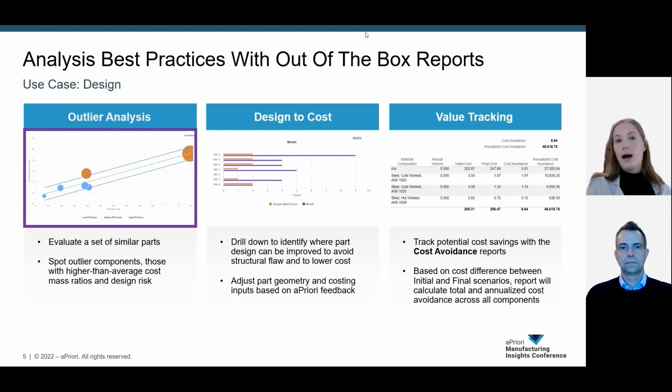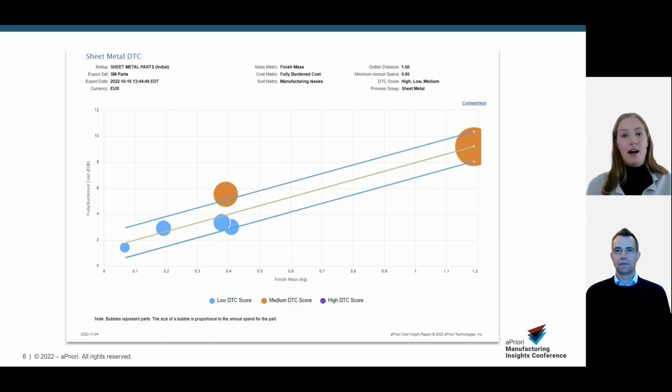So I start here with outlier analysis, where I'm evaluating a set of similar parts and looking to identify potential outliers. Let's look at the out-of-the-box report. Here, we are viewing a set of similar components, all within the same process group, sheet metal.